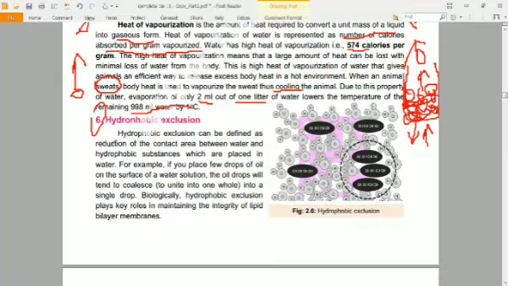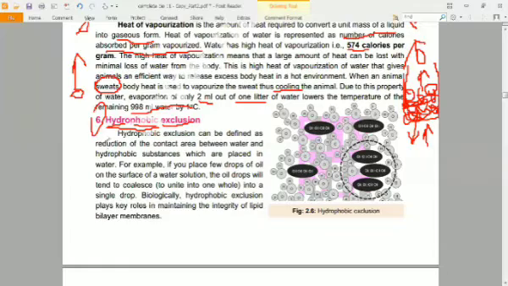But the substances which do not dissolve in it are called hydrophobic. As you know, hydro means water and phobic means hater. So these substances hate water.